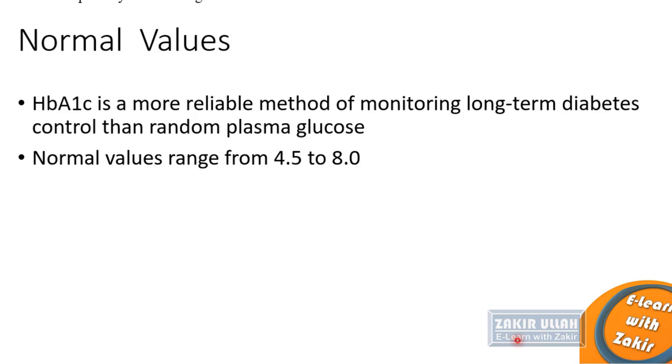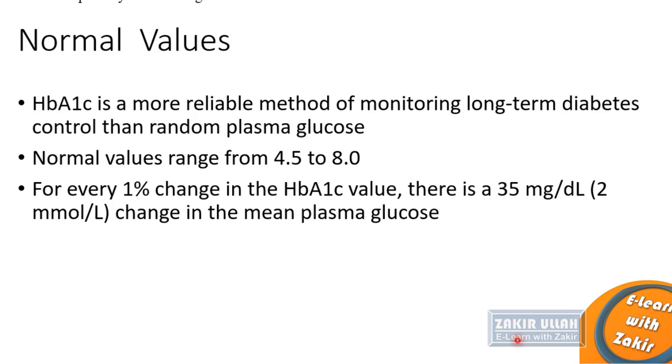The normal values of HbA1c range from 4.5 up to 8, and for every 1% change in the HbA1c value, the mean plasma glucose level changes by roughly 35 milligram per deciliter in conventional units, or 2 millimole per liter in SI units.